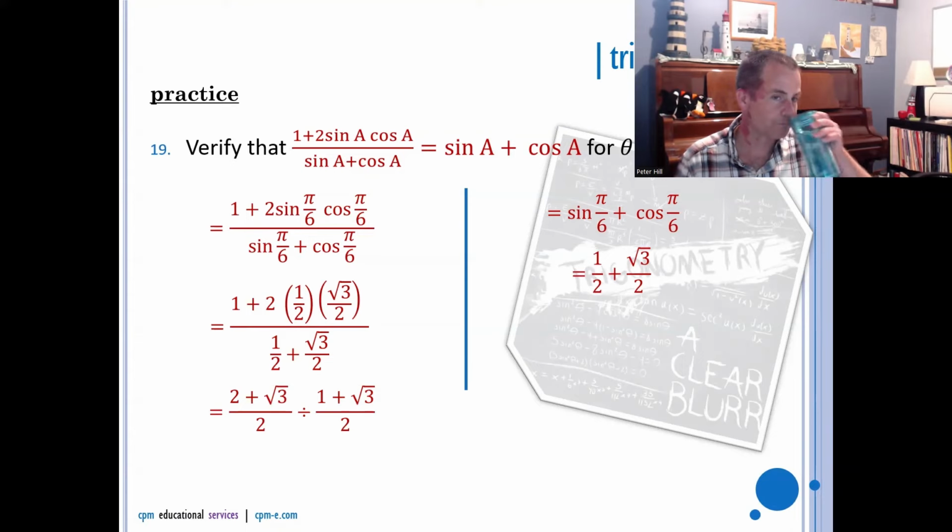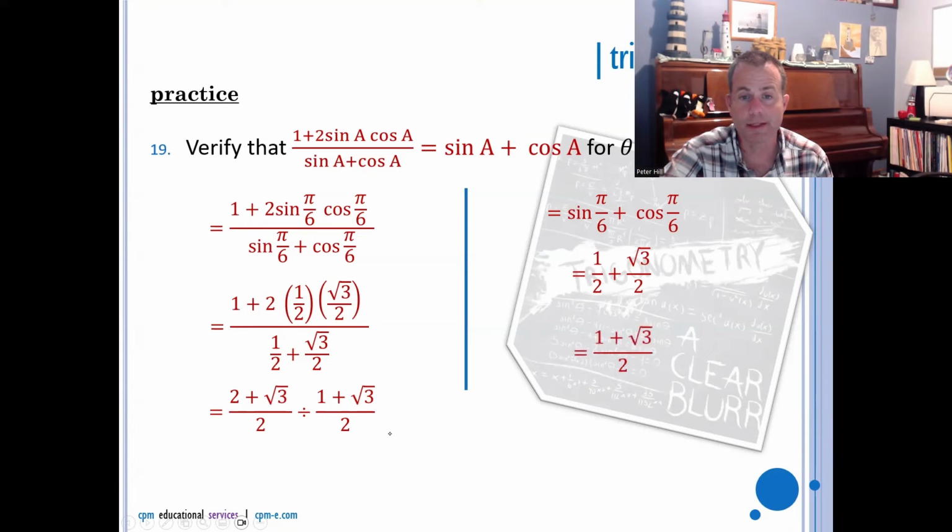If you have a common denominator for fractions, you can just divide the numerators, or if you don't like that, you can multiply by the reciprocal, whatever you like best. So over here, I just got that as a common denominator. So I end up with 2 plus root 3 divided by 1 plus root 3.